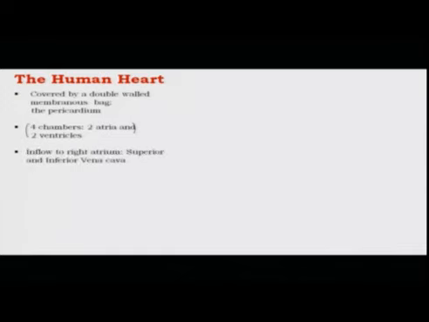Now, let me again draw a schematic of the heart to show you and explain to you how the blood flows into the heart in the human. So, this is the right atrium, and it has 2 channels for blood to come in, which are called the vena cavas.